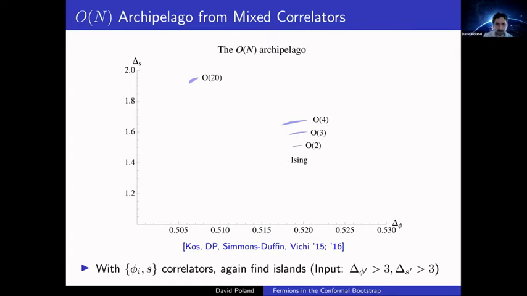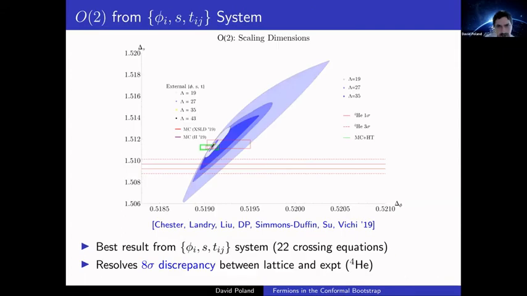And recently, we were motivated to try to push these even further for the O(2) and O(3) models. So actually, our best bootstrap bounds for the O(2) model involve a system of 3 external operators, phi_i, S, and the leading 2-index tensor, T_ij.